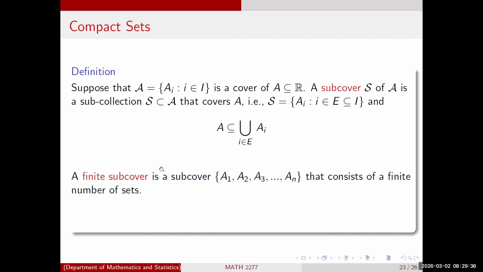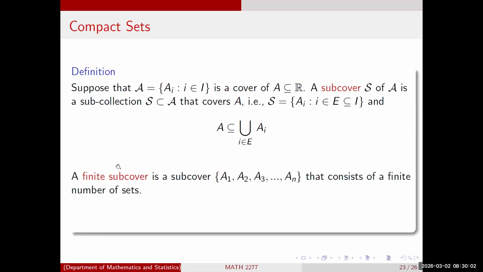So finally, what is a finite subcover? Finite just means there are finitely many sets in it. It does not mean that the A's are finite. The finite here doesn't mean that A1 is finite, A2 is finite, A3 is finite. No. It means that the number of A's that you have is finite.